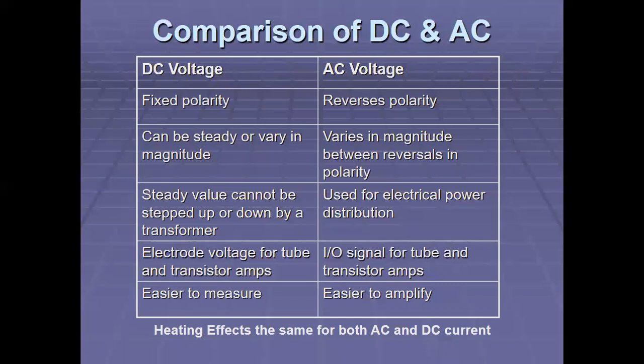Now, a comparison of AC and DC. DC has fixed polarity. Here it is alternating polarity or reverse polarity.